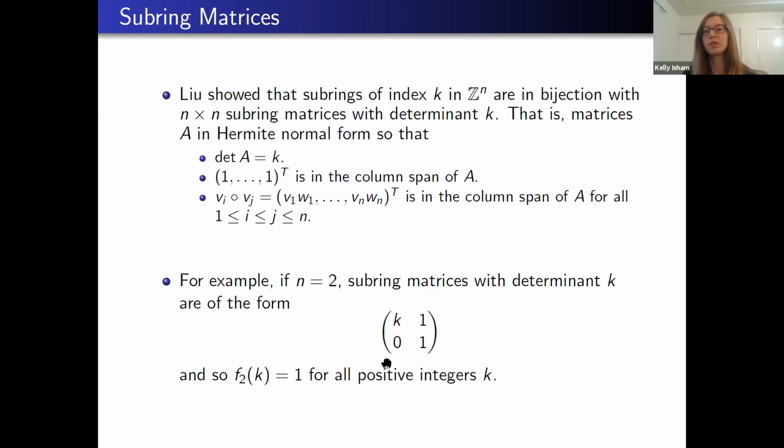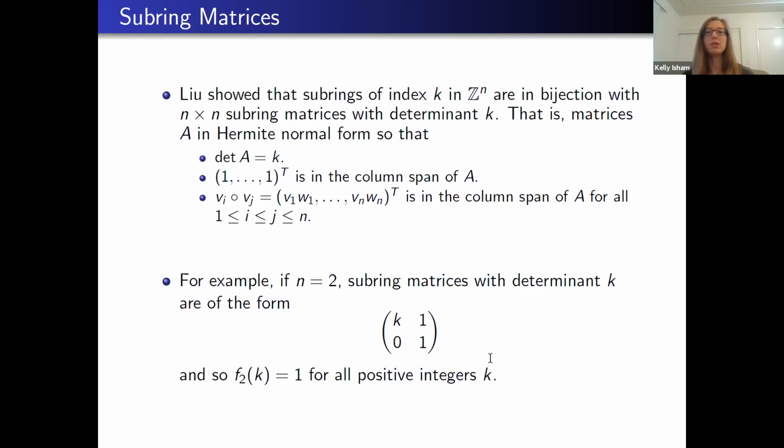So that forces a 0 here. In order to get determinant k, we have no choice. We have to put a k in the first spot. So what this tells us is there's exactly one 2 by 2 subring matrix with determinant k. So there's exactly one subring of index k in Z^2 for all positive integers k.